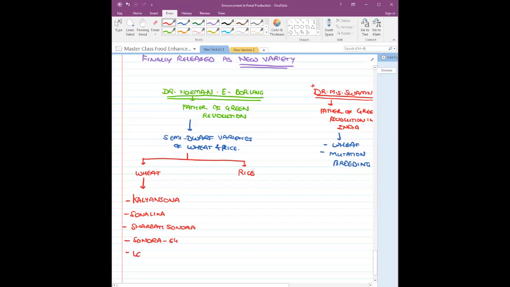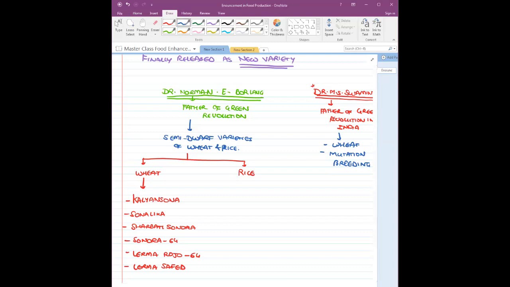And then we have Lerma Rojo, that is 64 once again. And the last one we have is Lerma Safed. These are the plants that were developed. So you need to remember this, okay, guys.